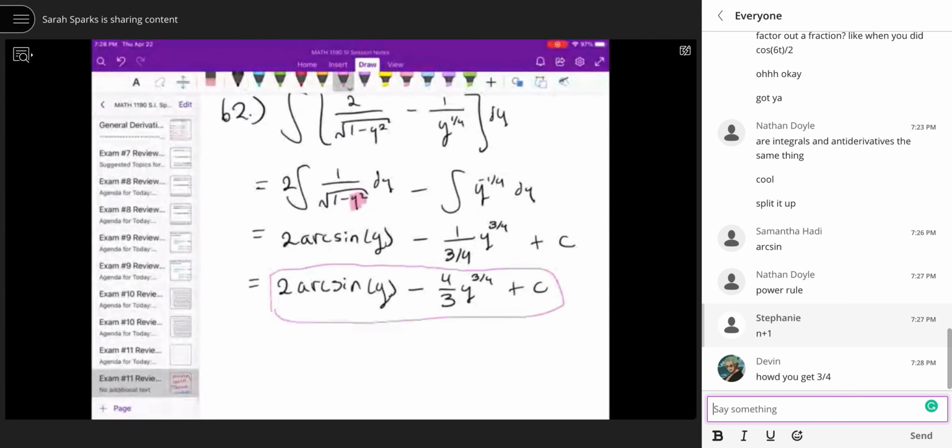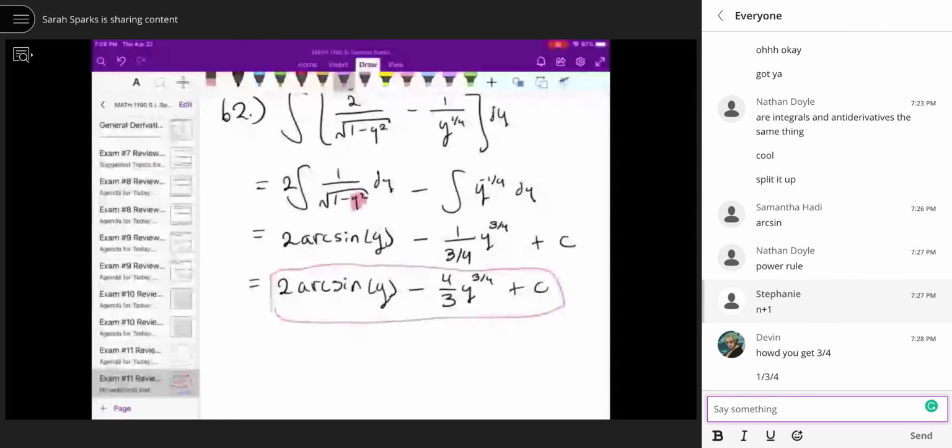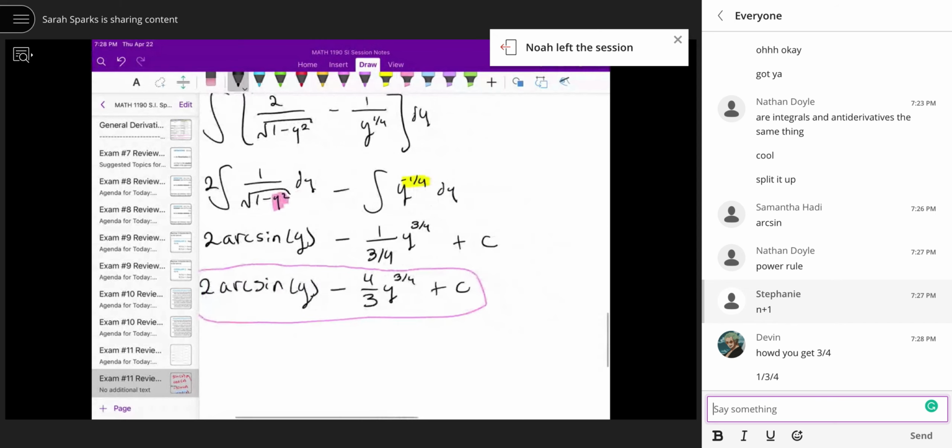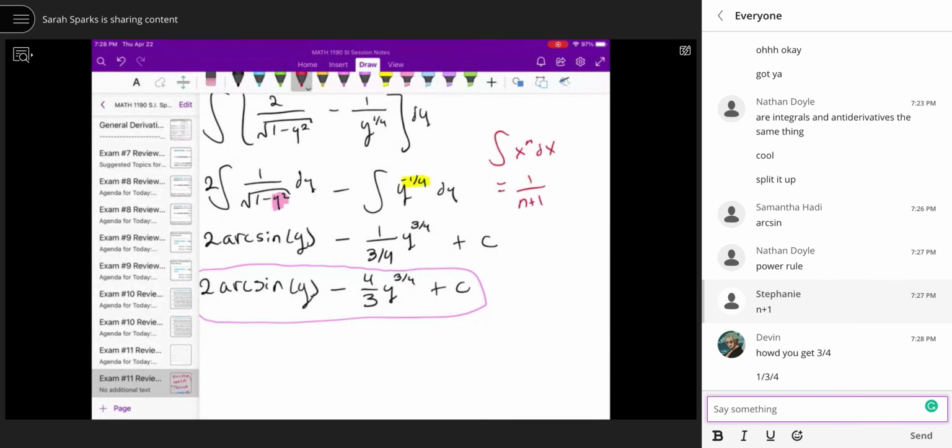A lot of these beginning, how did I get the 3/4? So we have this exponent right here, right? And we use our rule of x to the n dx is going to be equal to 1 over n+1 x to the n+1.